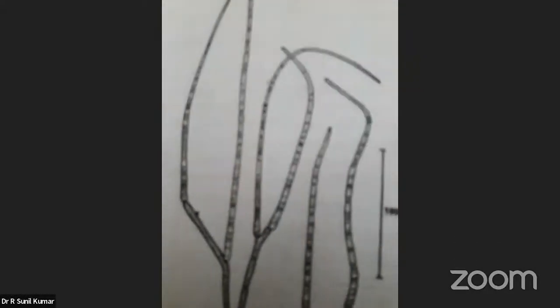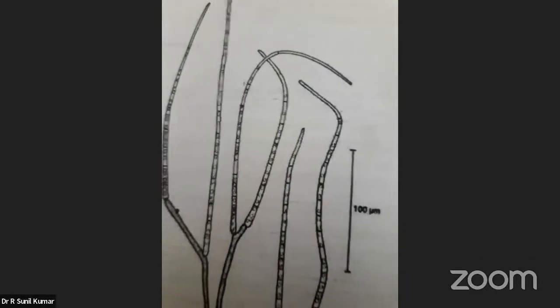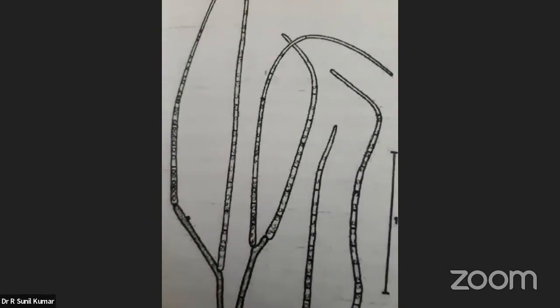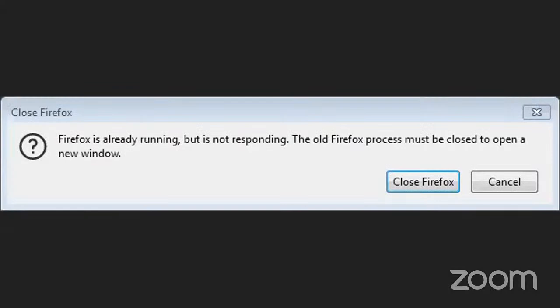Okay, this is the mycelial structure of Cercospora.